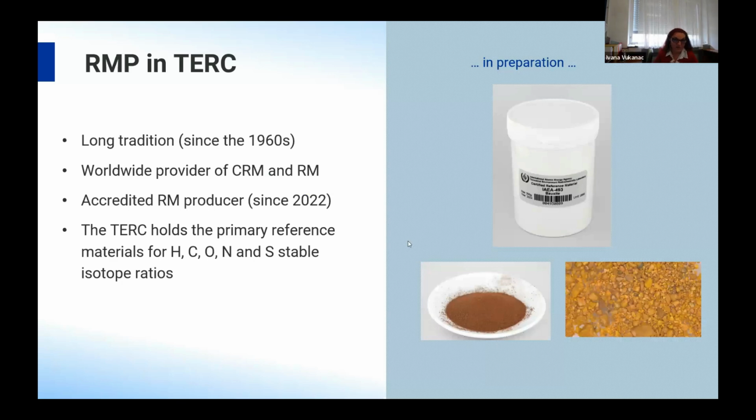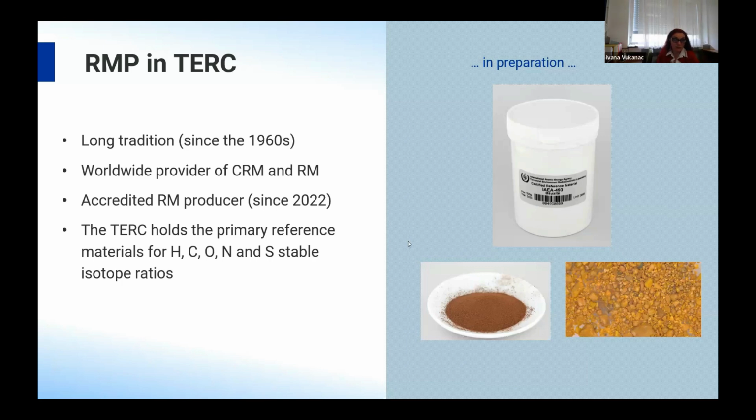Nearing the end of my presentation, I would like to give you some information on reference material production here in the laboratory. Like I said, the laboratory has a very long tradition in reference material production, and as you probably know, IAEA is a major supplier worldwide for reference materials for stable isotopes and natural matrix radionuclide reference materials.